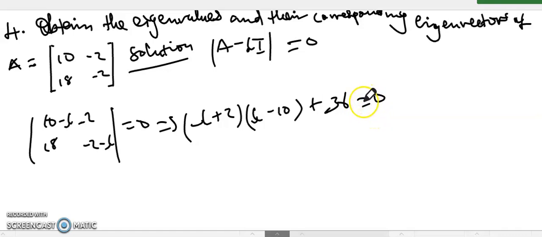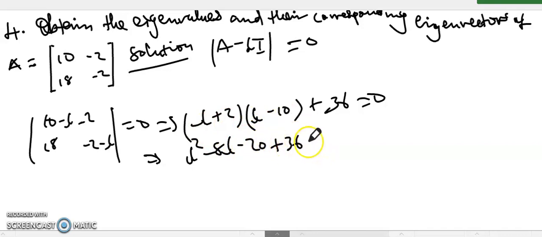Solving further, we have lambda squared minus 8 lambda when we open this up, minus 20 plus 36 must be equal to 0.